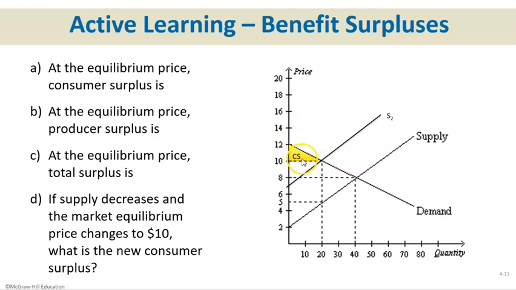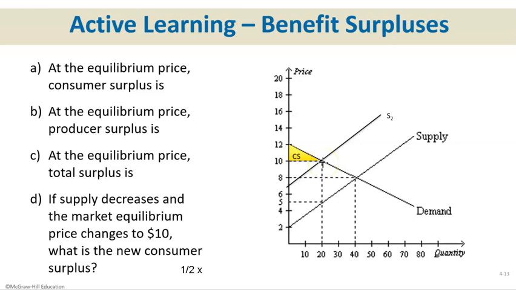So the difference between the price line and the demand curve is your consumer surplus. And we're going to use the same formula for the area of a triangle to calculate consumer surplus here. Okay, so we're going to do 1/2 times the base. Now in our new smaller triangle, the base is the distance between here and here, which is always equal to the quantity, which is now 20.